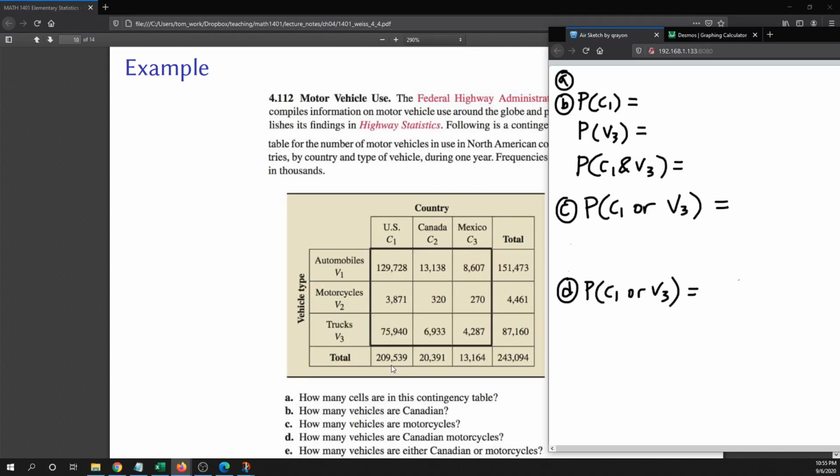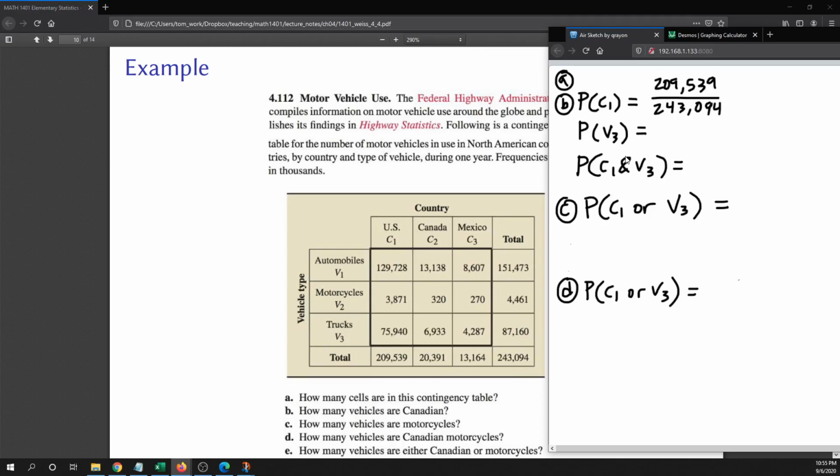So there would be 209,539 thousand, right? That is the number of vehicles in the US, and then divide by the total number of vehicles in our sample space, which is 243,094. So that would be the probability of C1.